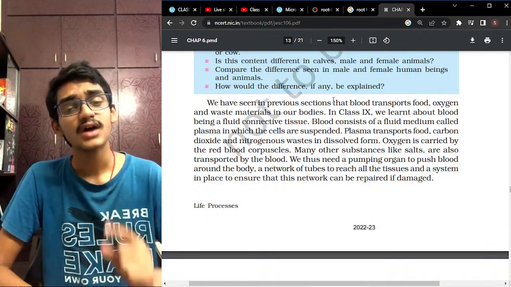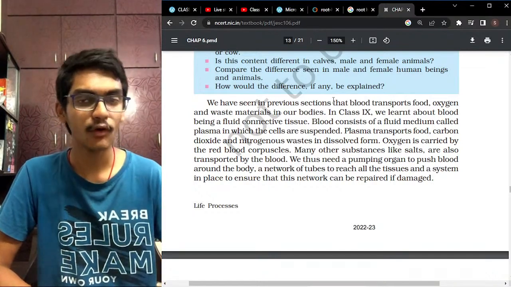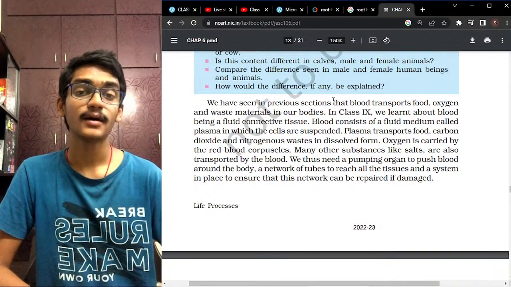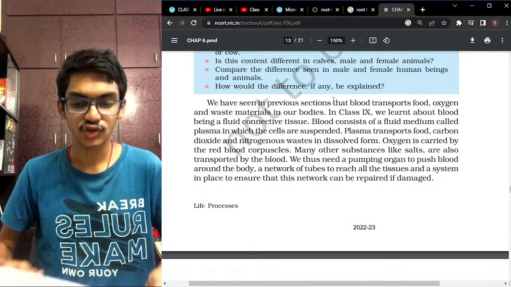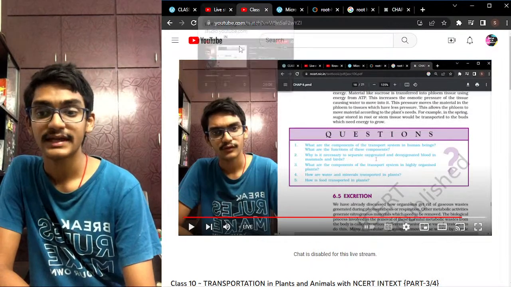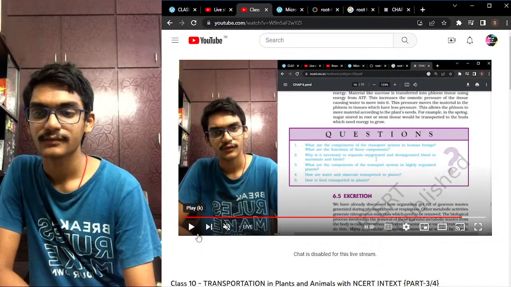So arteries mainly help us in carrying the pure blood from the heart to different parts of the body. Whereas veins help in carrying the blood from different parts of the body to the heart. Okay, so let me show a detailed picture, that is the double circulation picture, so that you can get an understanding about it, and it will be amazing.